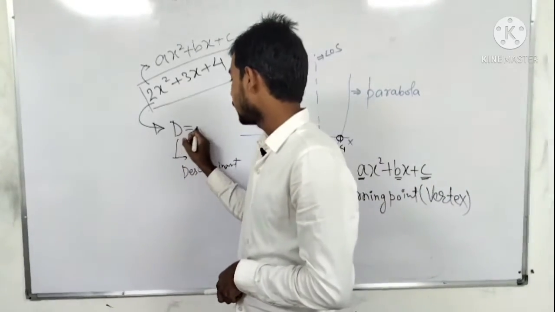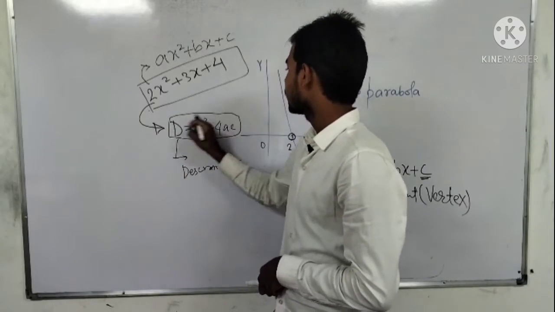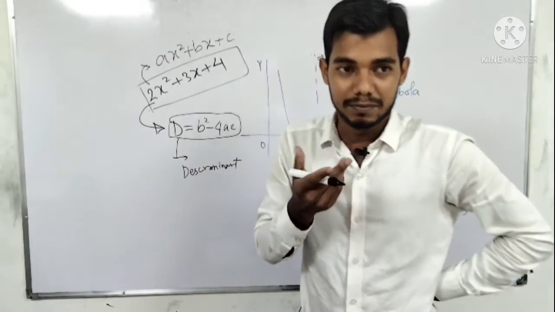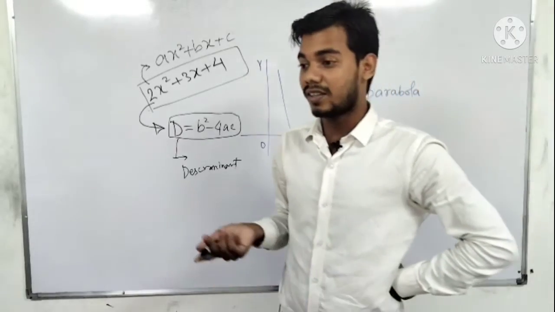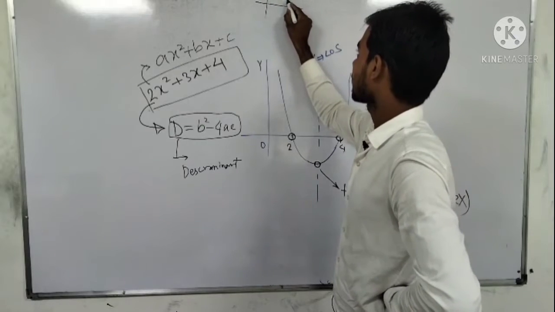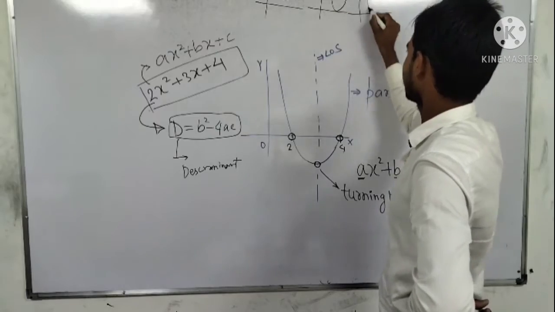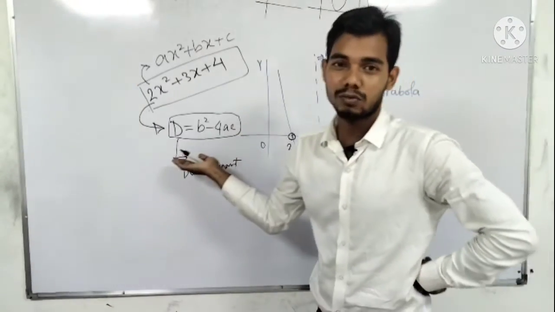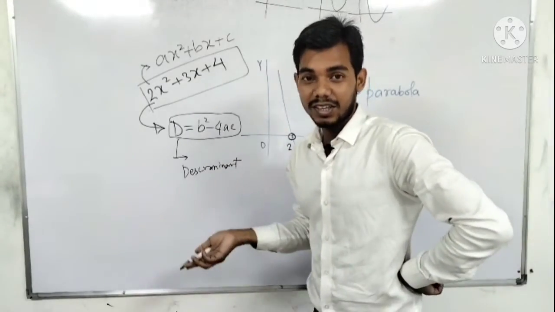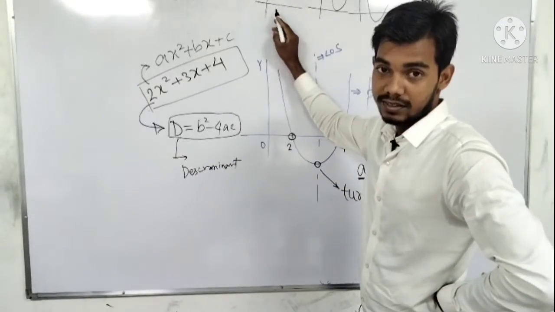The discriminant value will be b square minus 4ac, and this D will tell the shape of the polynomial. That means whether the graph of the polynomial will look like this, or like this, or like this. If we are able to find D, we can easily work out what the graph of the polynomial will be: like this, that or that.